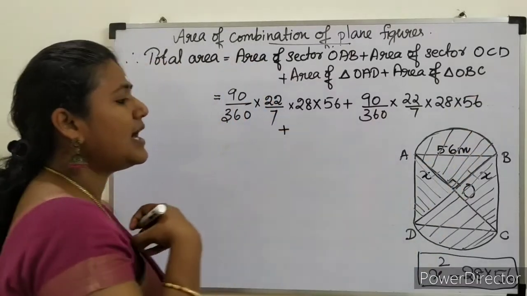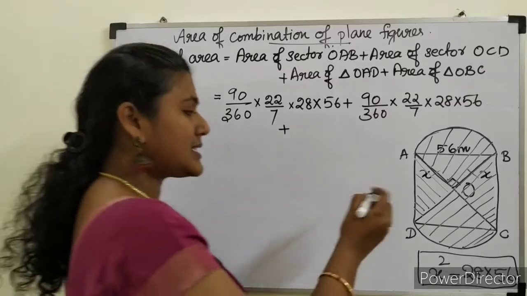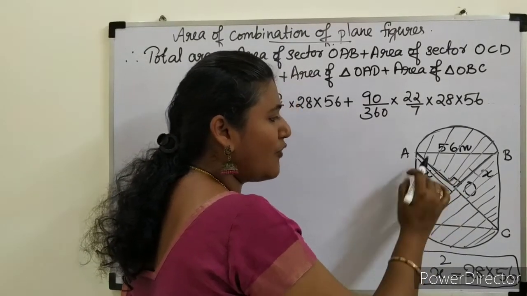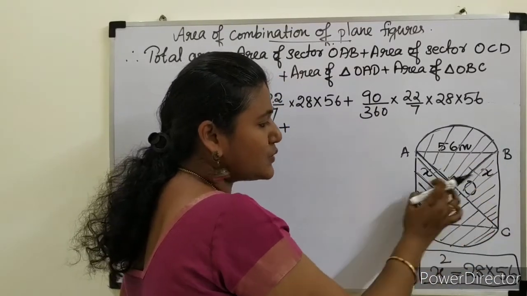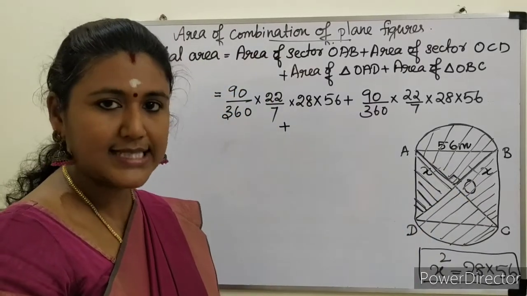Plus the area of the triangle OAD. Actually, this triangle area is 1 by 4th of the area of this square, because all these four triangles are congruent, so their areas are equal.